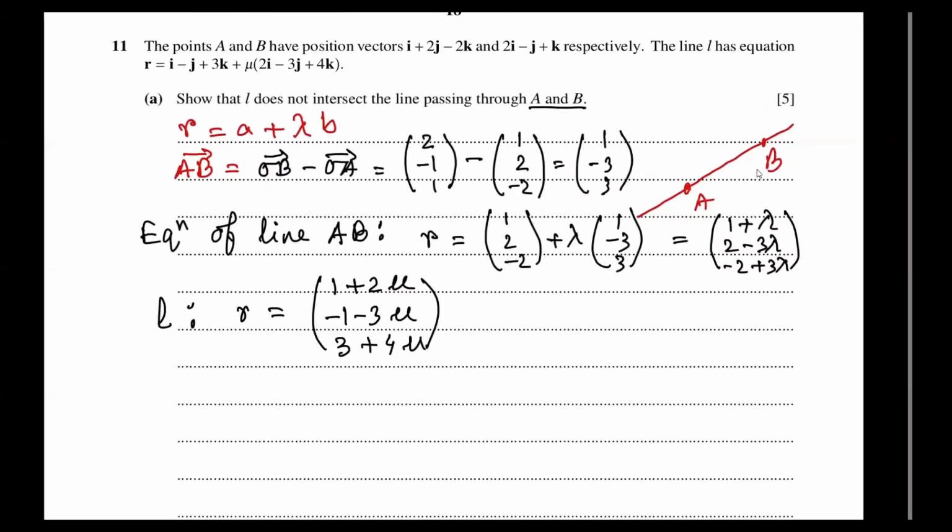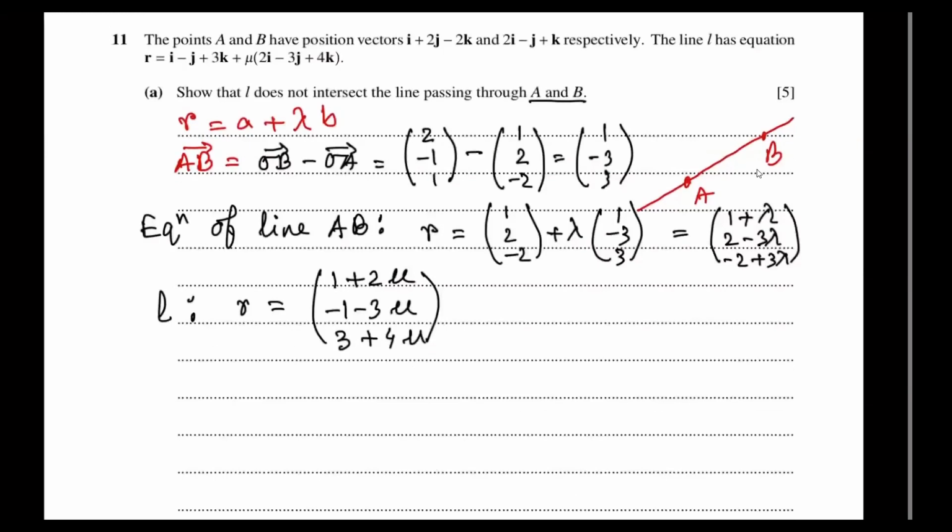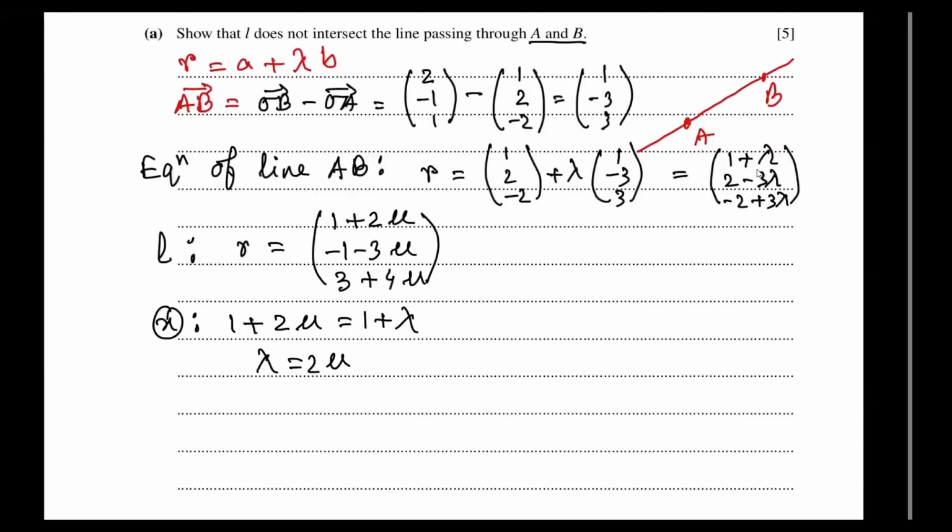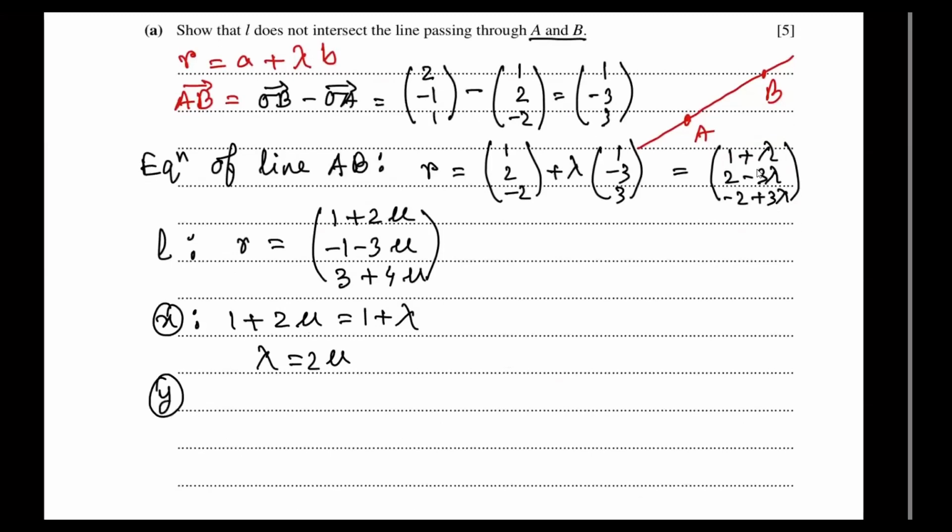Now, whether they intersect or not, what we do is simply equate. Equate x: 1 plus 2 mu equal to 1 plus lambda. So we have lambda equal to 2 mu. Let's name it equation number 1. Now equate y, you get another equation: minus 1 minus 3 mu equal to 2 minus 3 lambda.